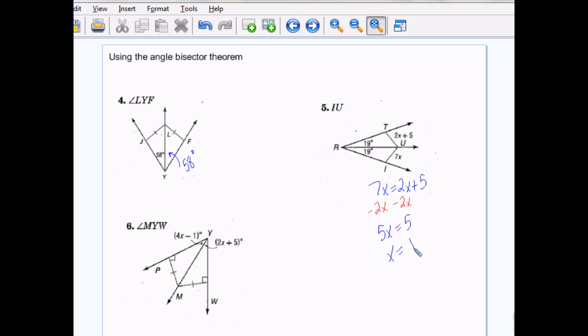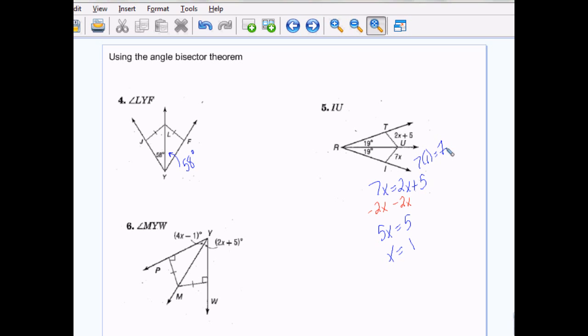And so IU is 7x, so that's 7 times 1, which is just 7. 7 times 2 is 14 plus 5. I mean, 2, I forgot my okay, sorry. Got it? Yeah, I was confusing myself, but I got it.